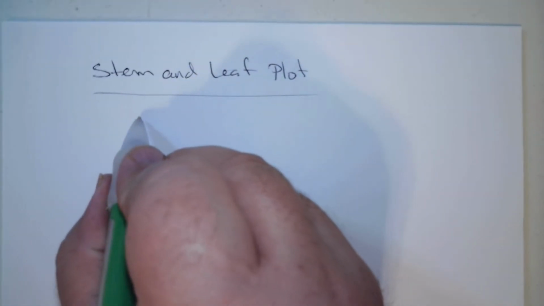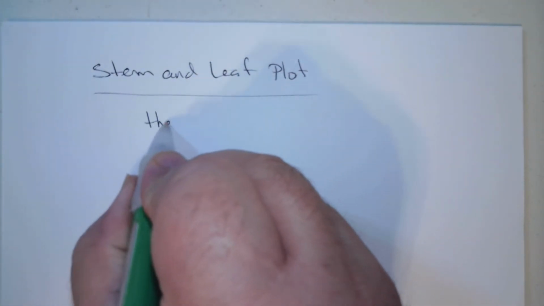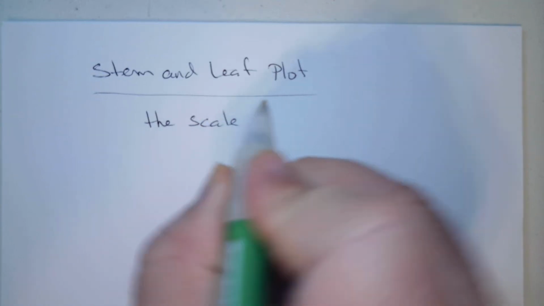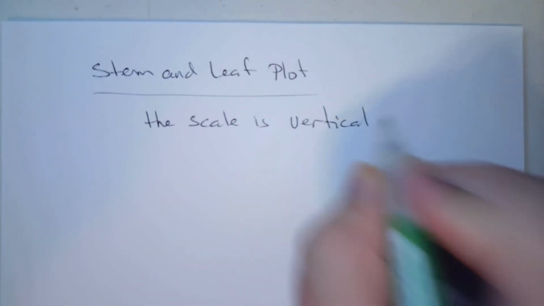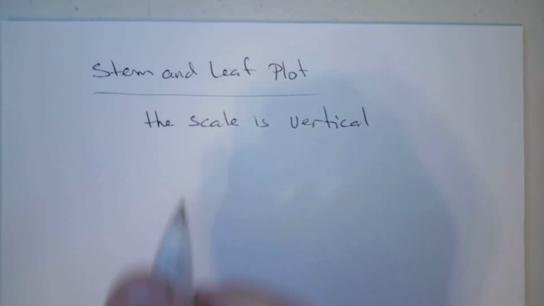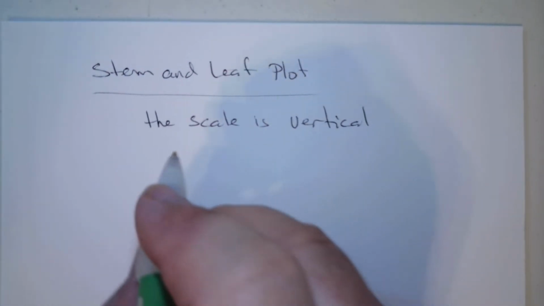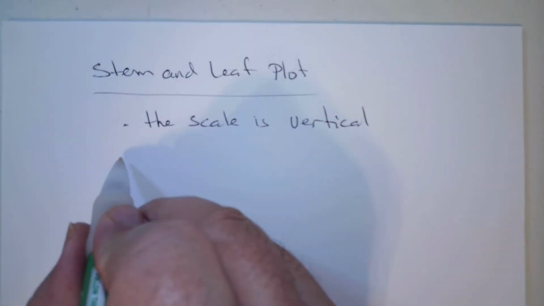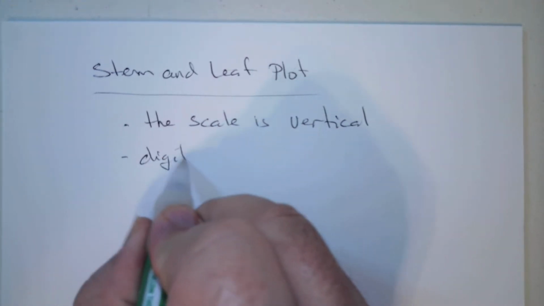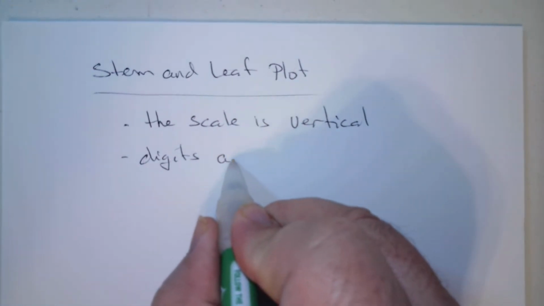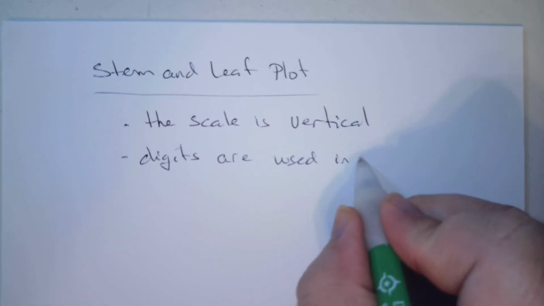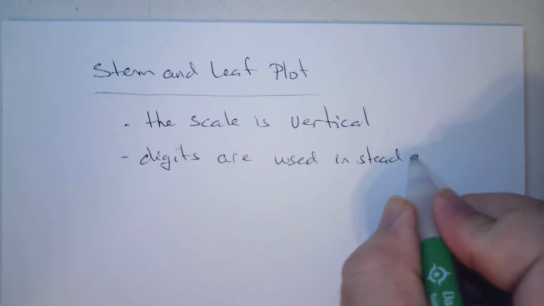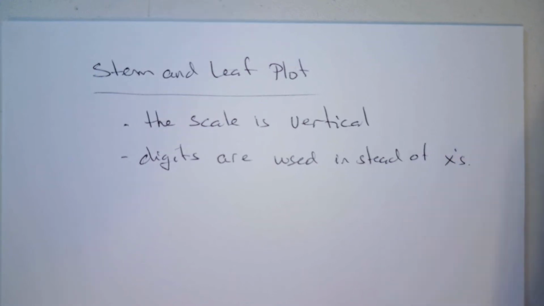In stem and leaf plots, the scale is vertical. Digits are used instead of X's.